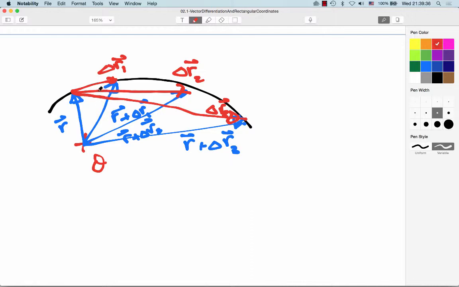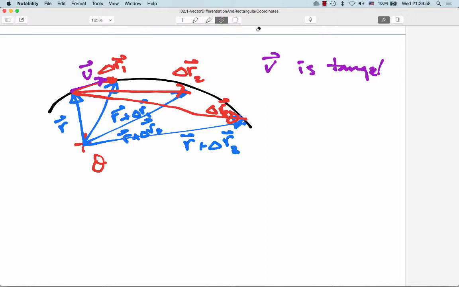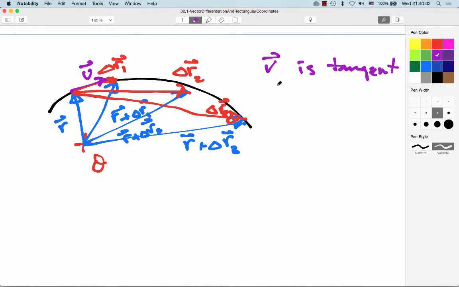We could imagine continuing ever smaller until we realize that this is going to approach the tangent line. So what we get is that our velocity v is tangent to the trajectory at all times.